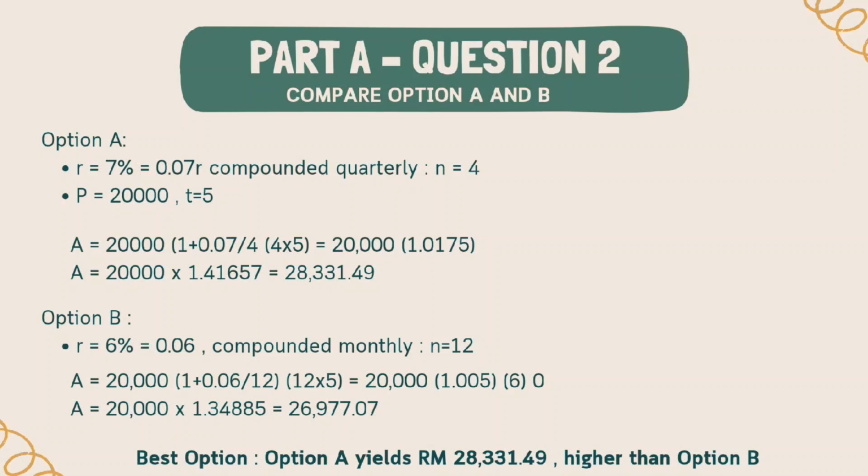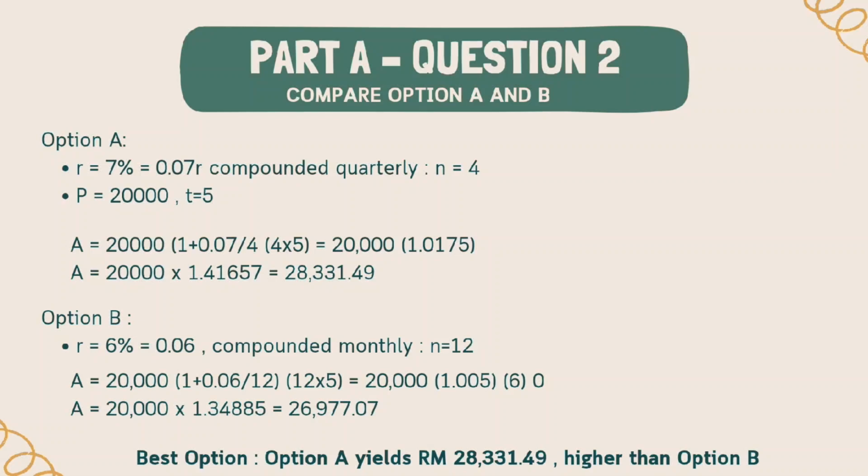We proceed to the calculation: 20,000 times (1 plus 0.06 divided by 12) to the power of 12 times 5, and we get 20,000 times (1.005)^60. Equating it, we get 20,000 times 1.34885, which equals 26,977 ringgit.